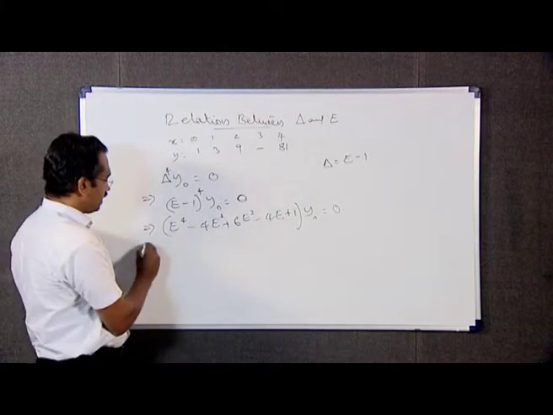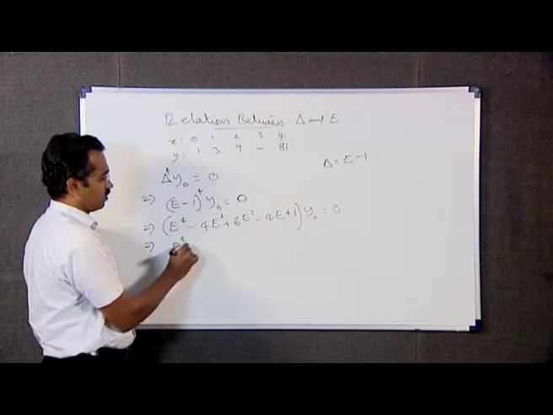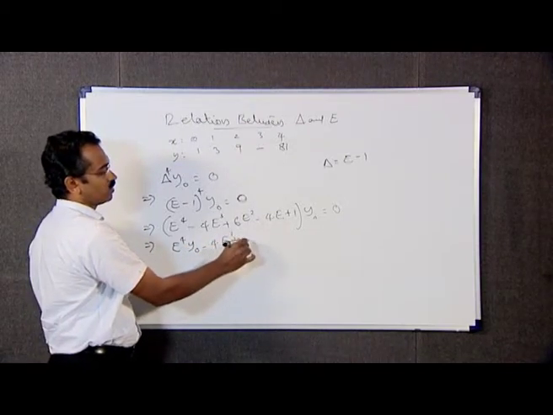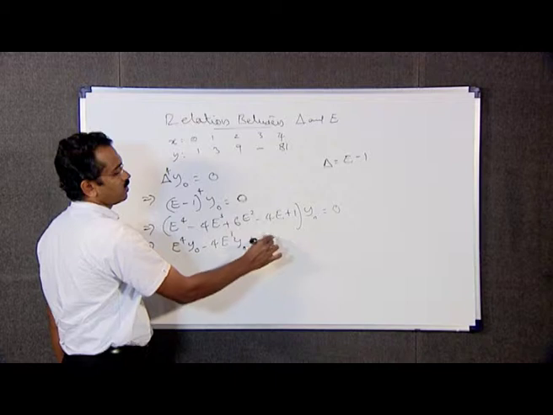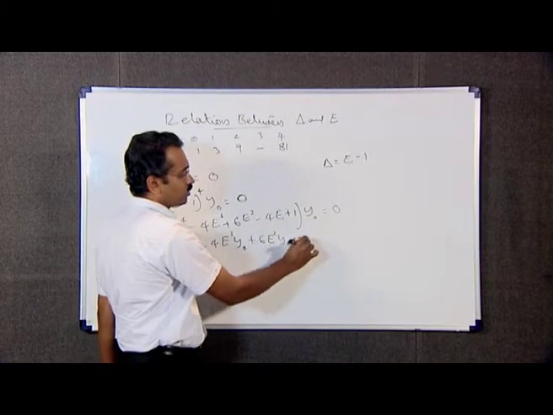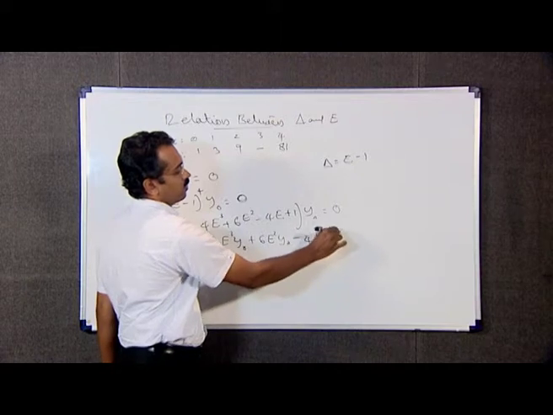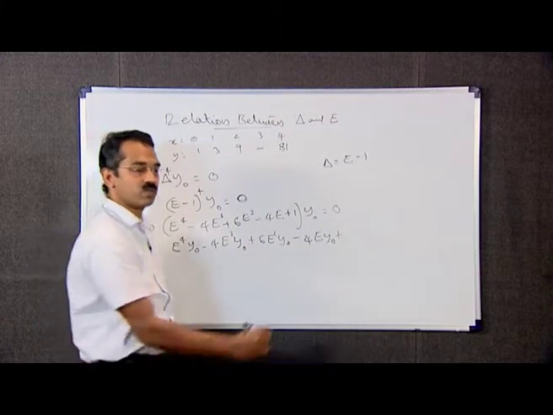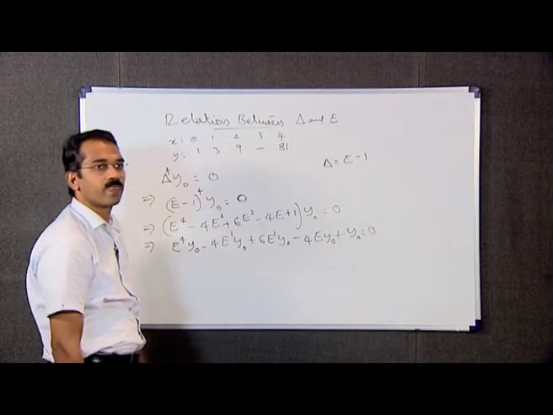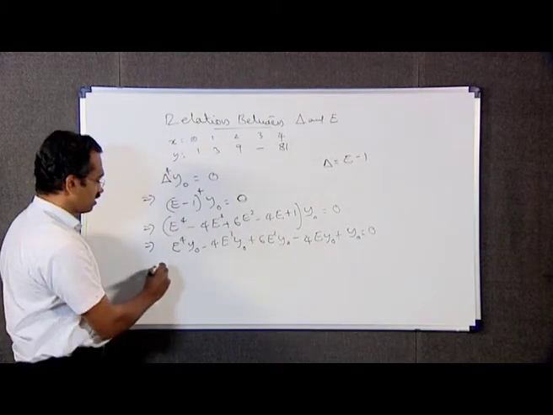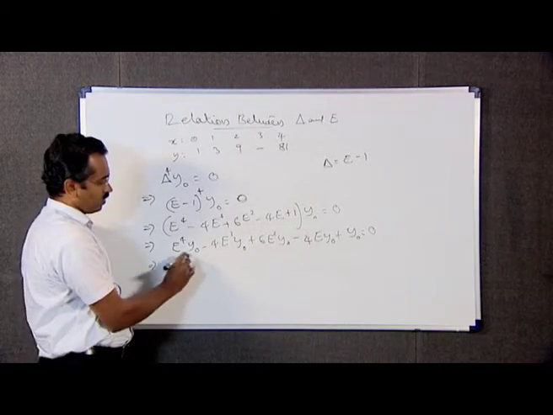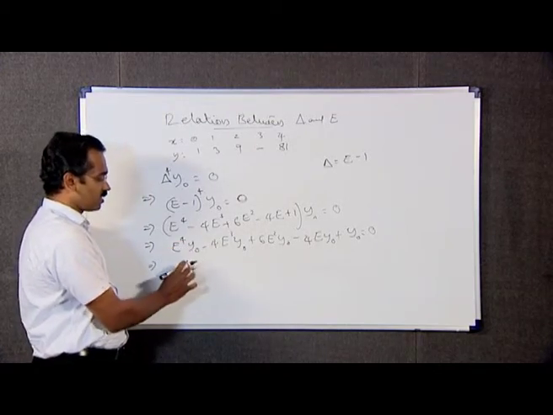Which gives E raised to 4 y0 minus 4 E cube y0 plus 6 E square y0 minus 4 E y0 plus 1 into y0 is equal to 0. That is, E raised to 4 y0 means y4.